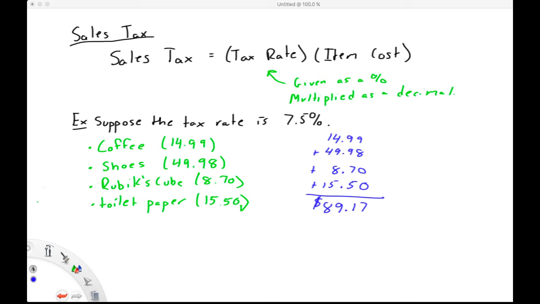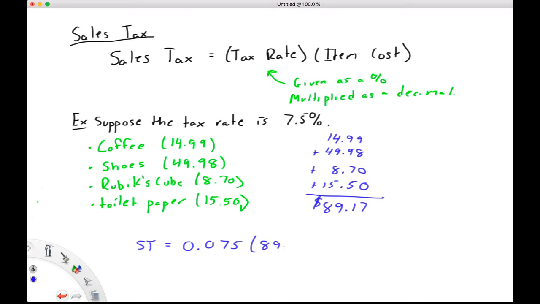Okay, that's excellent. All right, so if we want to determine the sales tax, it is going to equal the tax rate, which is 7.5%, but we have to use it as a decimal. So 7.5% is going to be 0.075 as a decimal times the item cost.